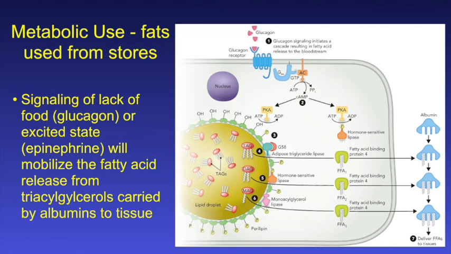Fats that have been mobilized to be used as an energy source are signaled by hormones, like glucagon. You thought you were getting away. You're not. Okay? And the hormone will bind to a receptor. The receptor will upregulate a G protein.